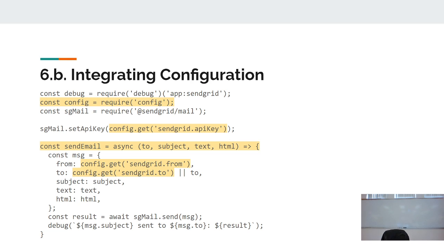If it's in production, would there be no development file, or how would it develop? The development file is still there, but it does not use it. What you do is there's an environment variable in Node called node_env. You can set development or production. If it's set to development, it uses the development file on top of default.